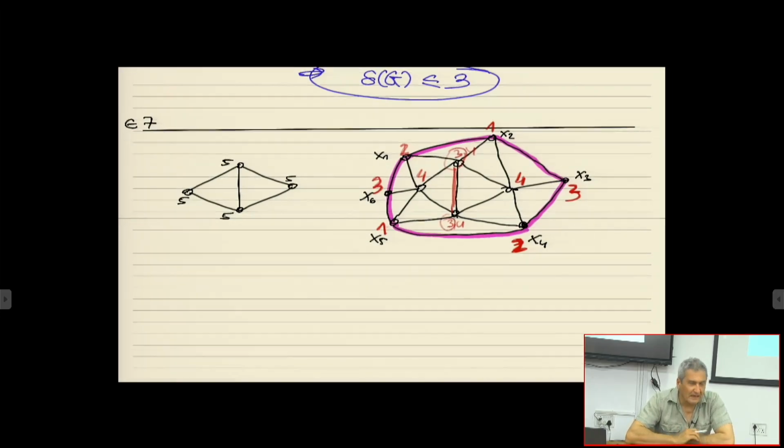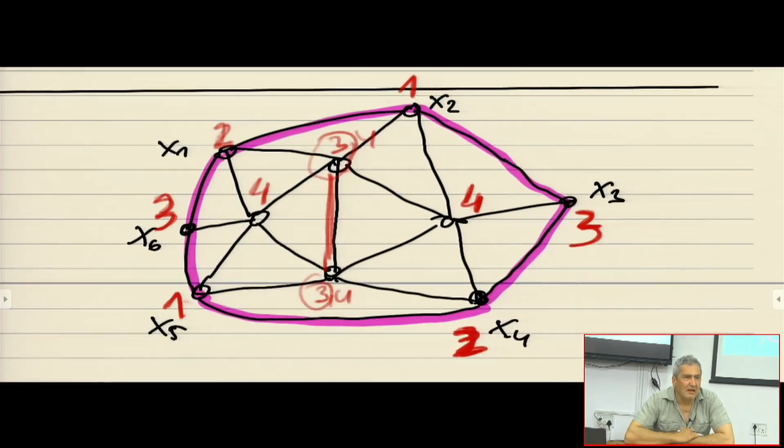So this means the Birkhoff diamond is not D-reducible, because if by chance I color here 2, 1, 3, 2, 1, 3.